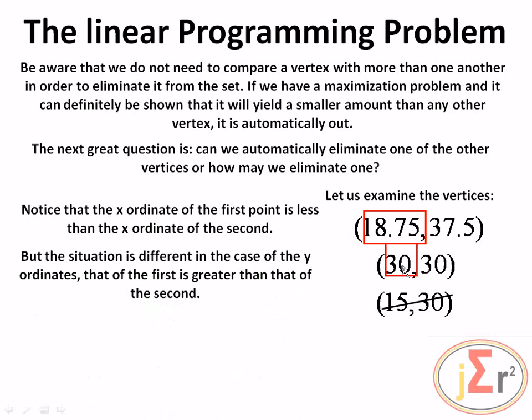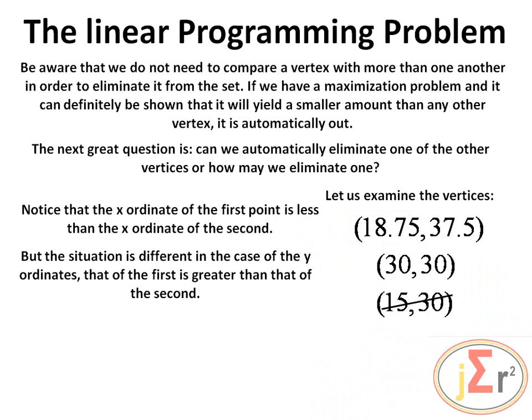However, the situation is different in the case of the y-ordinates. That of the first is greater than that of the second. So, in the x's, this one is less than this, and in the y's, this one is greater than this. So we have the situation kind of crisscross.